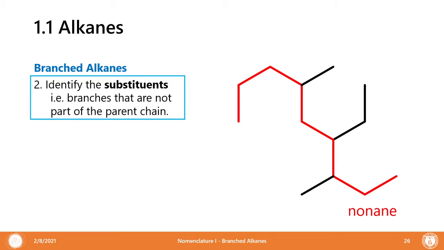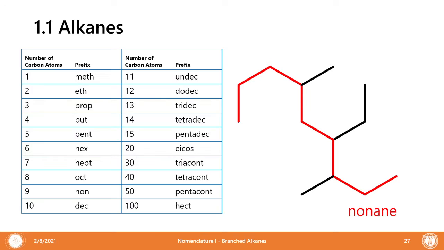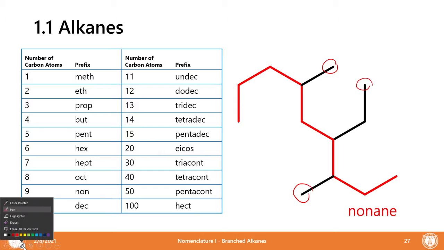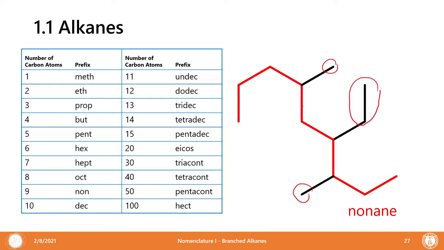Now what we want to do is identify the substituents. So how do we do that? Let's label all of these substituents. So we have these substituents. What you want to do is to count the number of carbons that are connected to the parent chain.